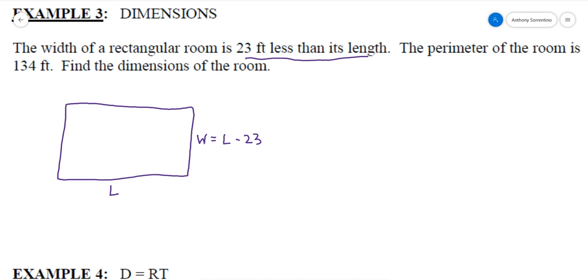I want to keep as few variables as possible, because now when I look at it, it says the perimeter is 134 feet. Well, the perimeter, which I'm just going to say is P, would be length plus width plus length plus width.